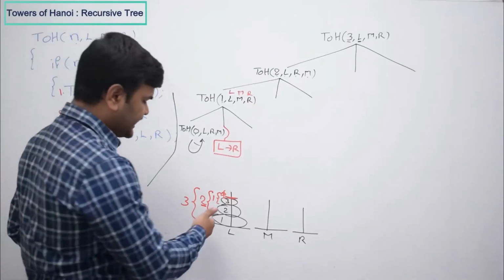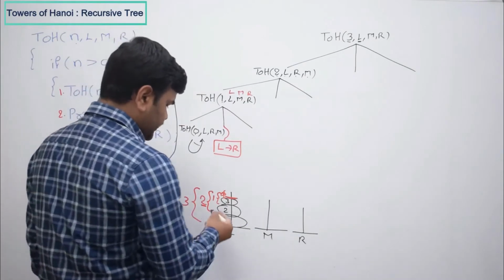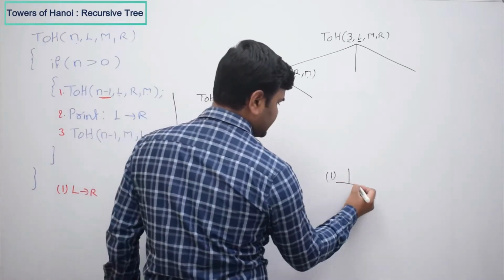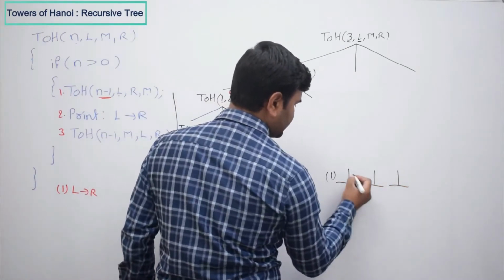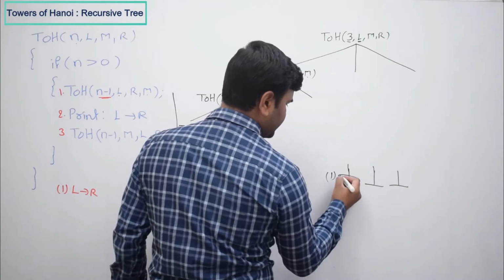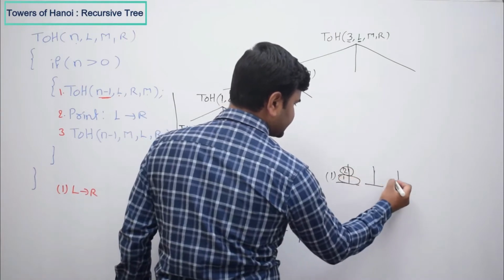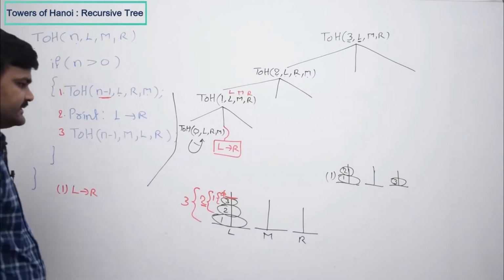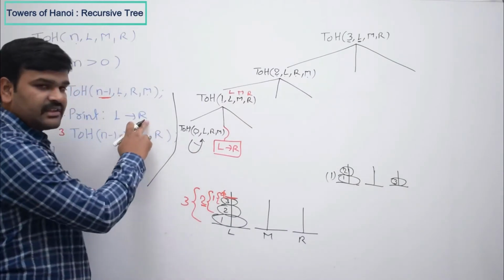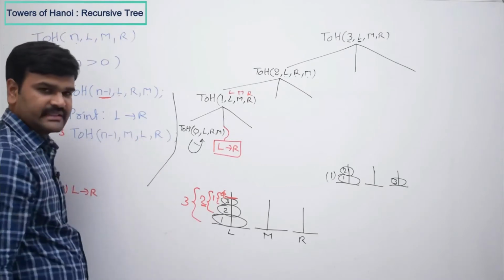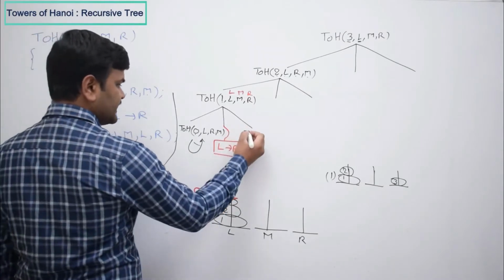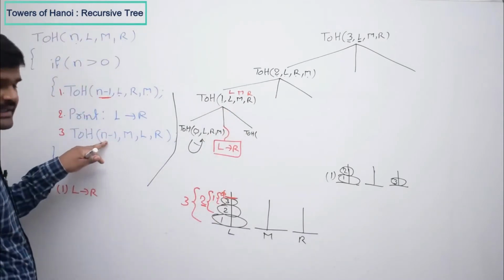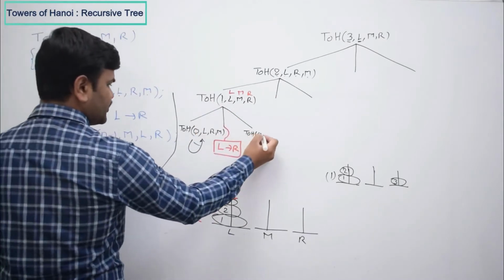So if you observe the diagram, the first movement taking place here is L to R. So first disk, second disk, third disk we shifted to R. Then once the second statement is over, we go to the third statement, towers of Hanoi, n minus 1, n is 1 here, 1 minus 1, 0.